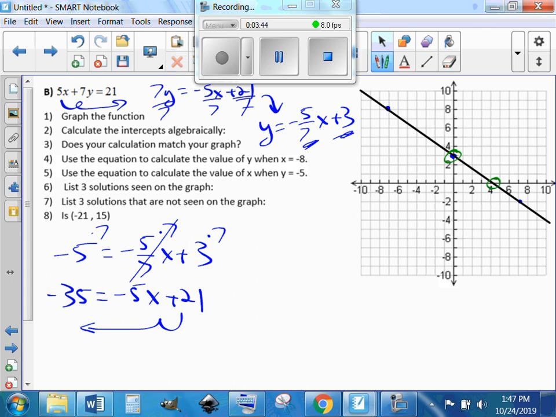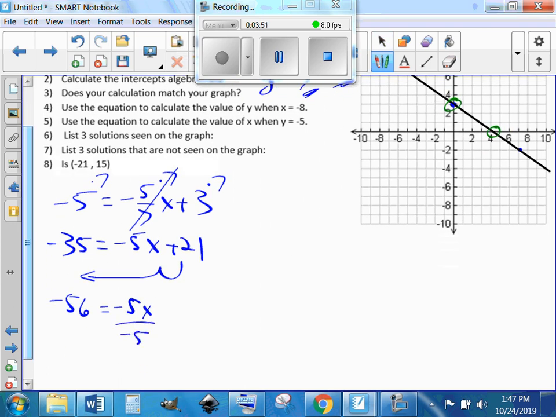If we move the 21, that's going to give us negative 56 equals negative 5x. Then we can divide by negative 5. So we get x equals 11.2. Or you can leave it as 56 over 5. Note that the negatives would cancel, but that's 11.2 exactly.